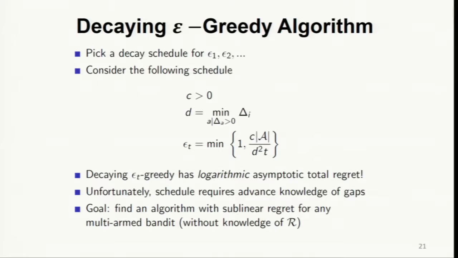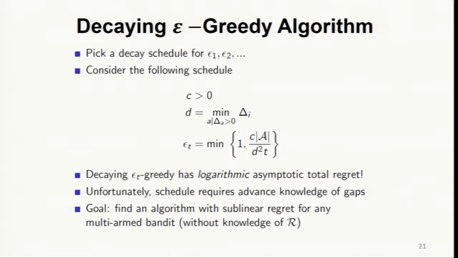So we're considering the following schedule. That means, you see this epsilon. Originally, it's 1. Okay, this one is pretty big. But as you try t more and more, this one gets smaller, right? So when it is smaller than 1, then epsilon t will be getting smaller too. But because epsilon is like a 1 minus epsilon and epsilon, it's like a probability, so it should be less than 1.